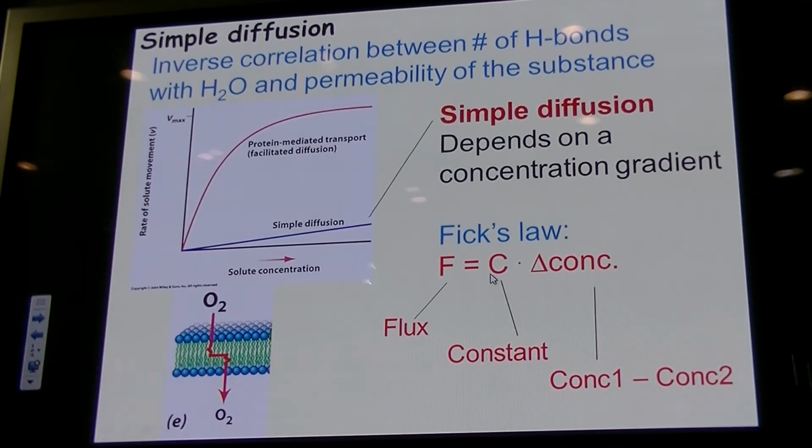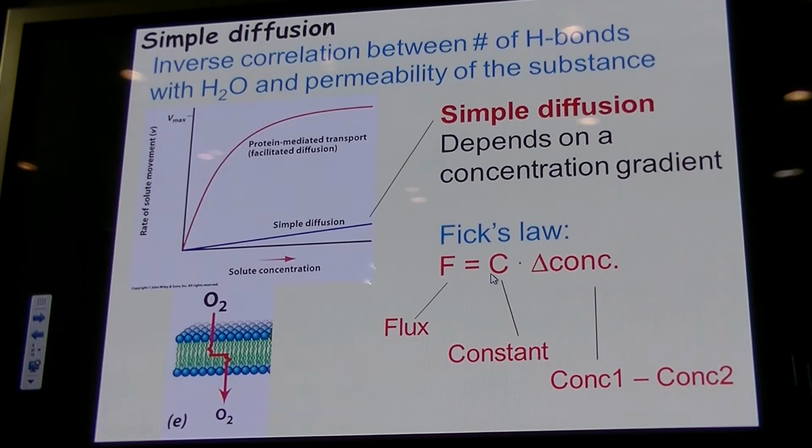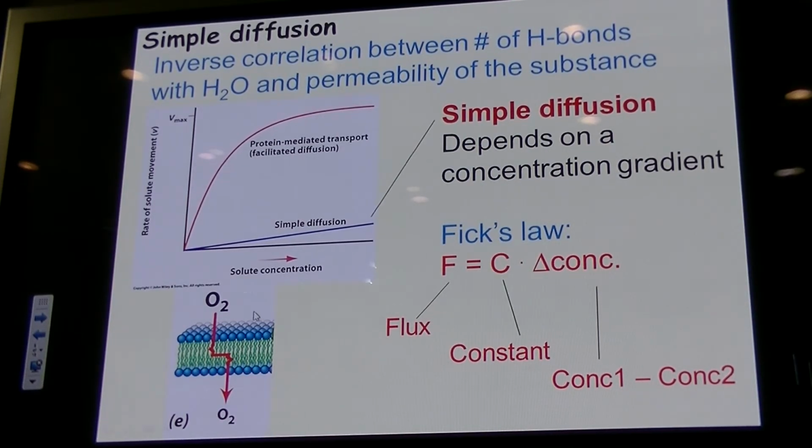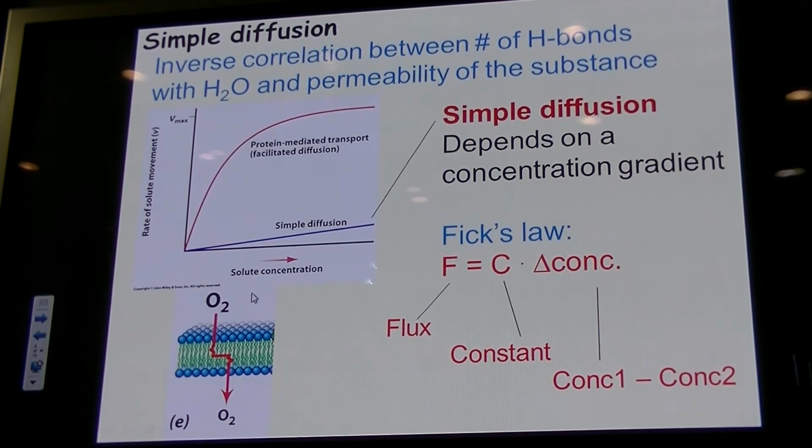But if you think about something like ethanol with one hydroxyl group, yes, that wants to hydrogen bond with water, but not that much for the overall molecule, so ethanol diffuses pretty rapidly. If you make longer alcohols with longer acyl chains, they diffuse even more rapidly. Oxygen is a little bit polar, of course, but there's not a ton of hydrogen bonding that oxygen can do, and the oxygen concentrations are so high that we still see appreciable transport rates.